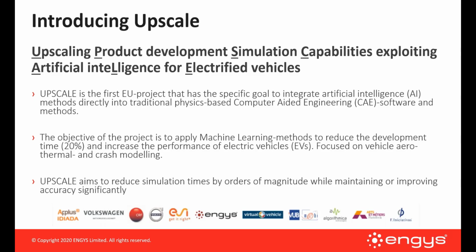Our nominal objective here is to apply machine learning to reduce the development time. This is the pre-production, the vehicle design and production, or at least design component, by about 20%. So this is specifically in the context of EVs. We want to focus also in this context on thermal, Aero-Thermal, and crash, because those are the parts that take up the most cycles on HPC.